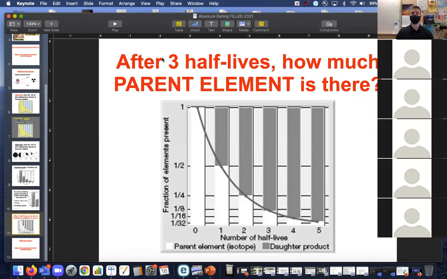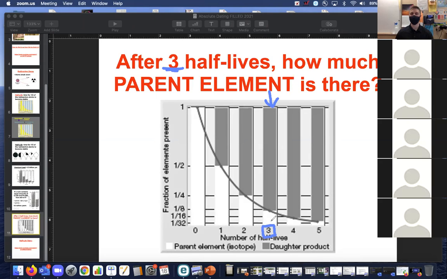All right, so the answer is 1/8, 1/8. So to get that, we're looking at 3 half-lives. So since this is 0, 1, 2, 3, we're looking at this one. So 3 half-lives, how much parent material are we looking at? So we want to figure out how much of the white bar there is.